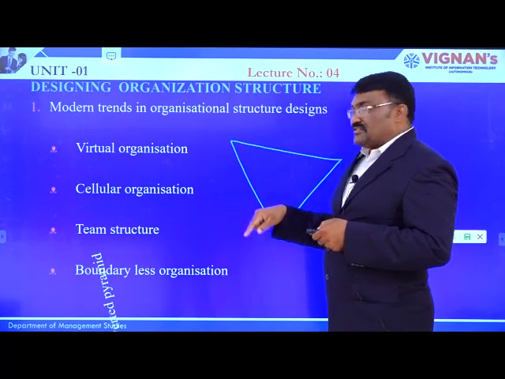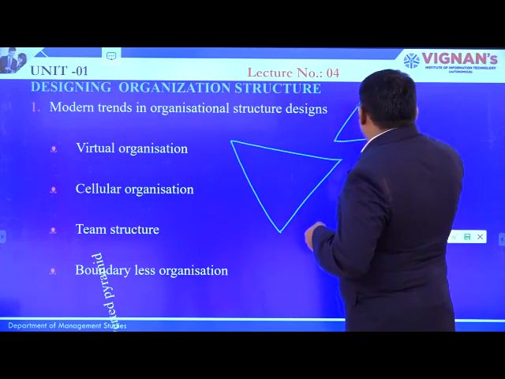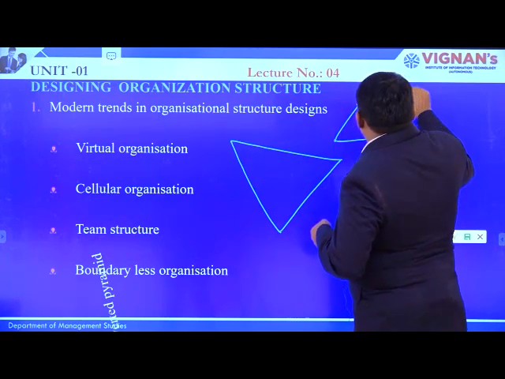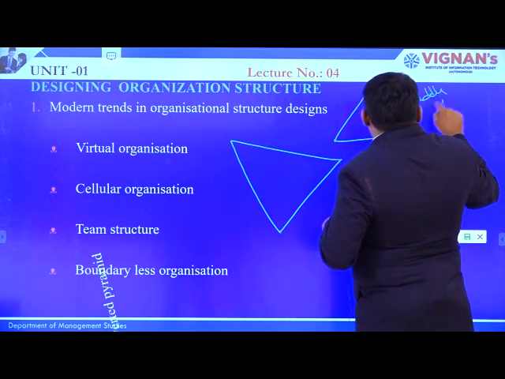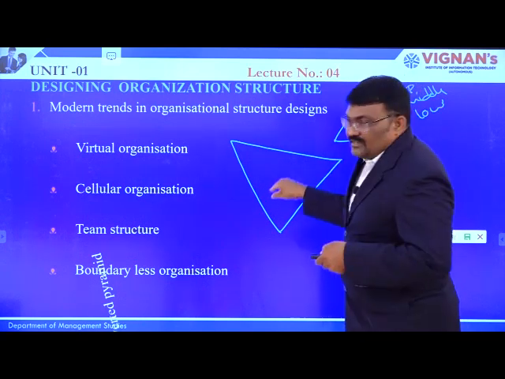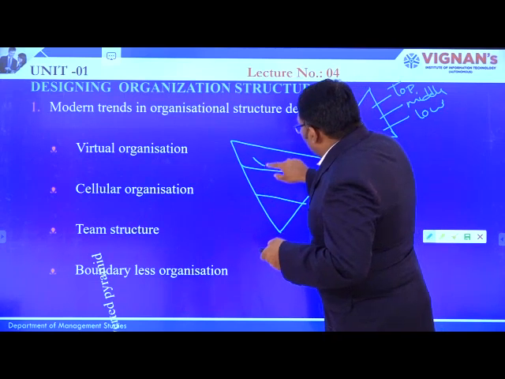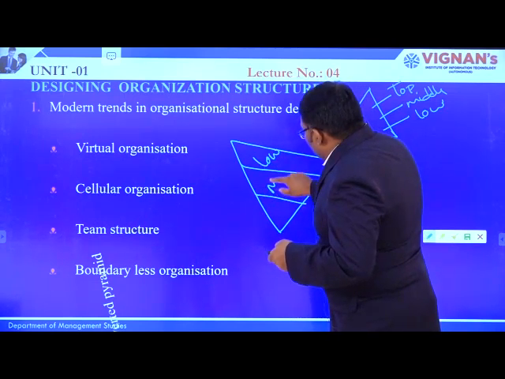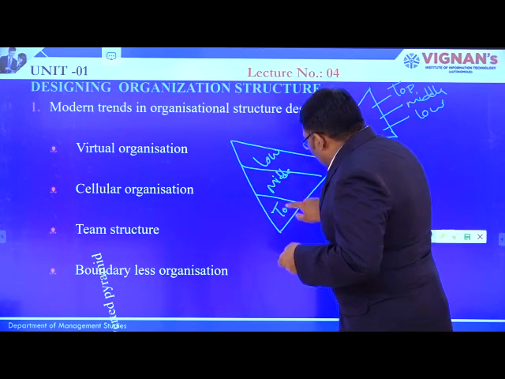Previously we have seen the diagram in this format. This is the normal pyramid format, where we have three layers, that is the top level, the middle level and the low level. But in the case of the inverted pyramid, it is the other way: the low level is at the top, the middle level is in the middle and the top level is at the bottom.